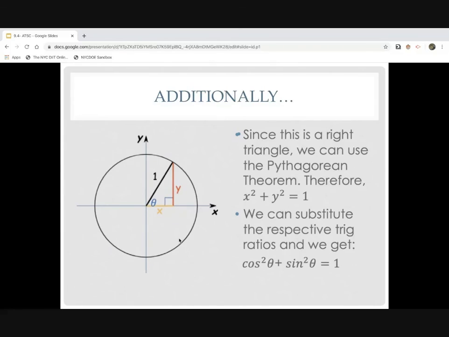Therefore, we can rewrite that as cosine squared of theta plus sine squared of theta is equal to 1. Of note, sine squared of theta is not the same as sine of theta, in parentheses, squared. One squares the ratio, while the other one squares the angle. However, sine of theta squared, when it's in parentheses, is the same as sine squared theta.